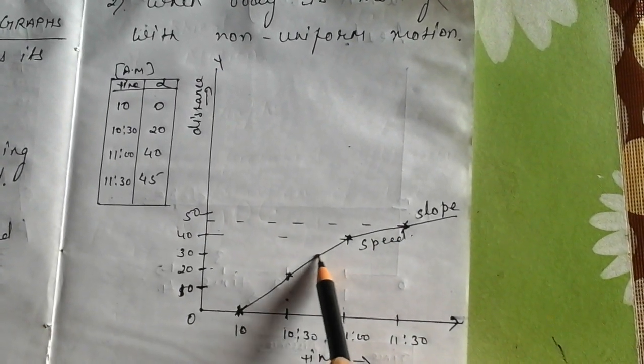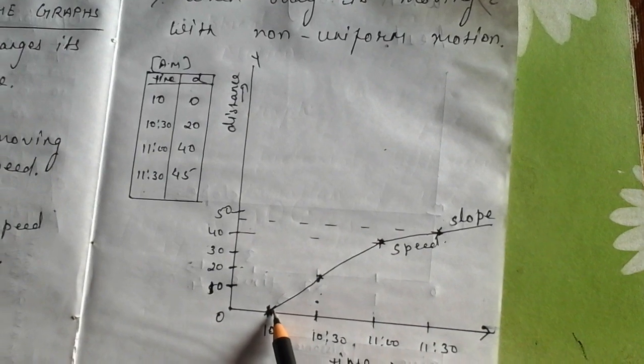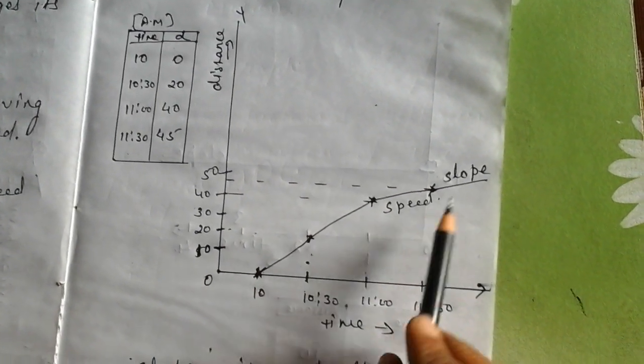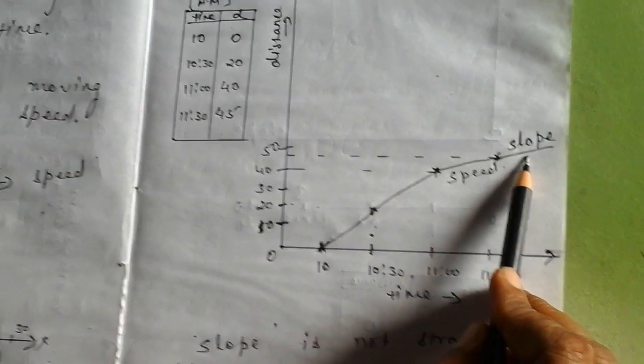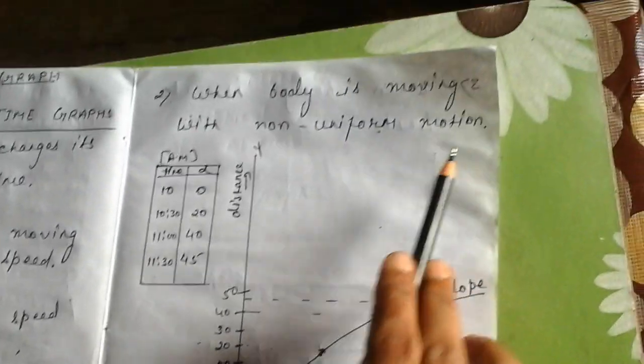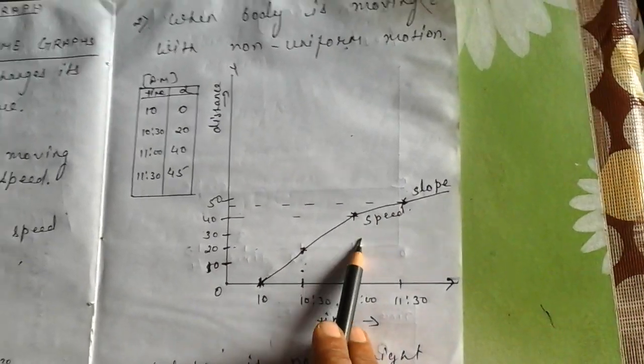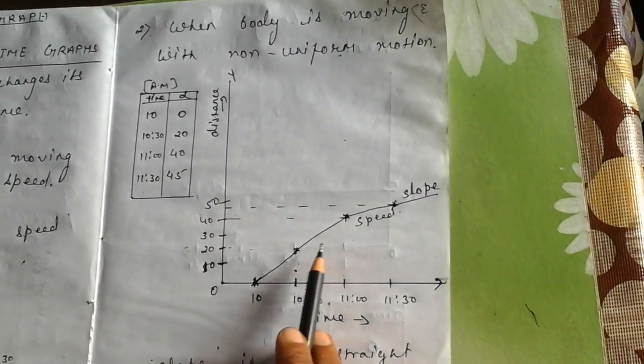Join all the points. Now you see you have not got the slope as a straight line. So for non-uniform motion, the slope is not a straight line. Speed is not shown by a straight line.